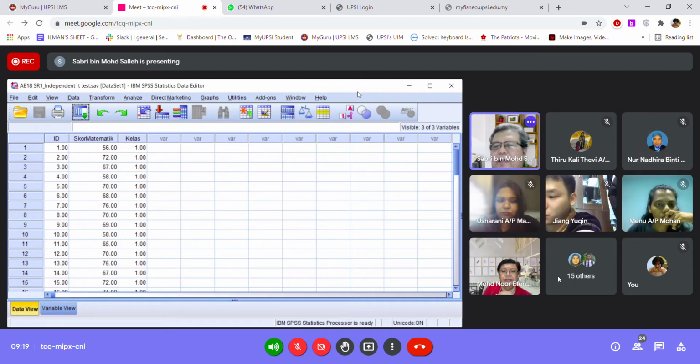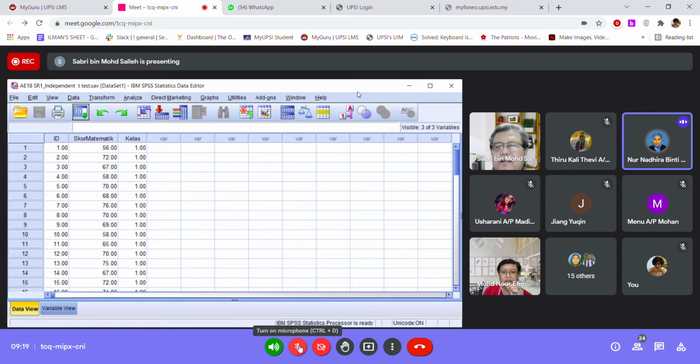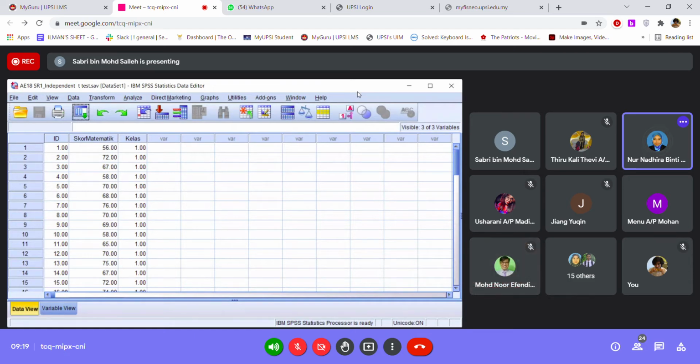Saya boleh download. Saya tak tahu kenapa. Saya seorang ke atau ada yang tak boleh download juga? Okay, nanti saya check balik tu. Then I try to upload lagi sekali.